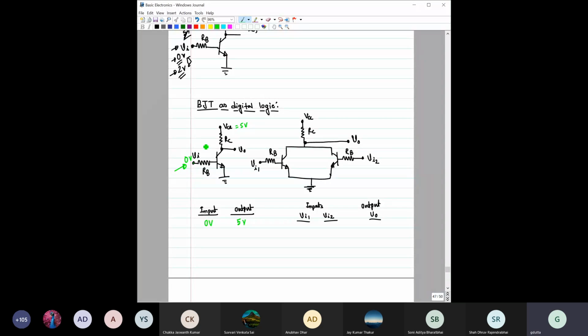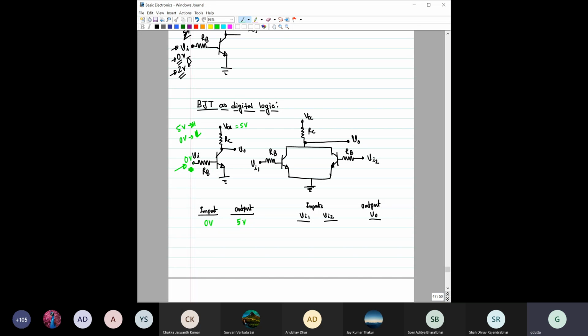Now this is for digital logic. In digital logic you can apply either a high input or a low input, right? By high and low we mean low is 0 volt and high is 5 volt. When you are giving 0 volt, you are getting this 5 volt.